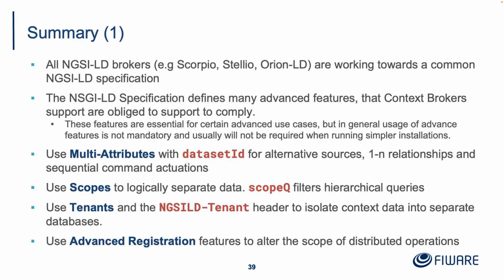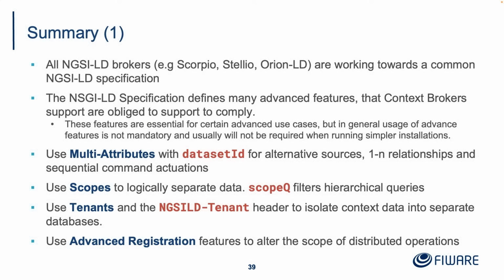So, in summary, conclusions. All the LD brokers are working towards a common NGSI-LD specification. So, as they converge, you'll find that you can just swap in Stellio for Orion-LD. You can swap out Scorpio and put in Stellio, or whatever the requirements are for your system.